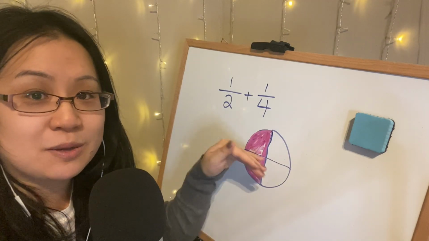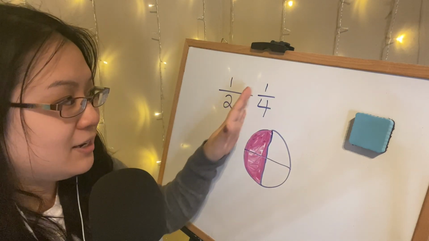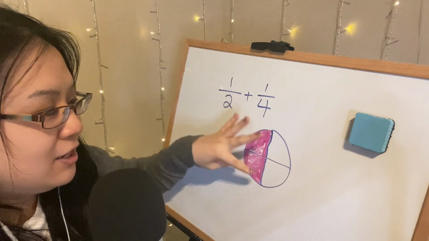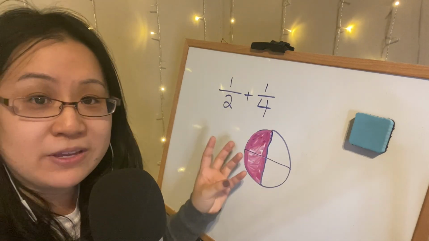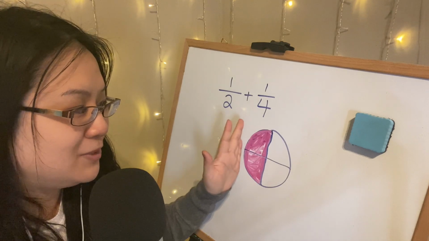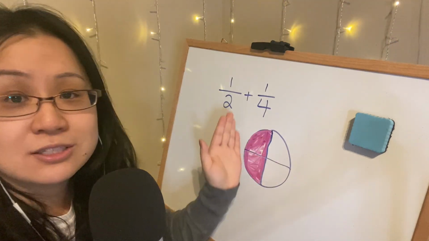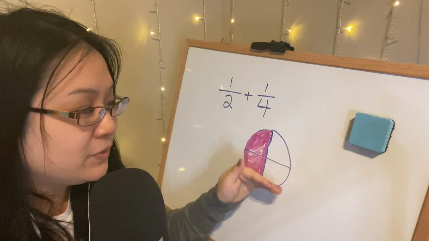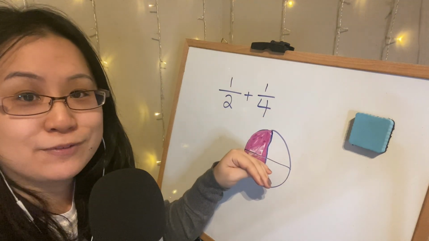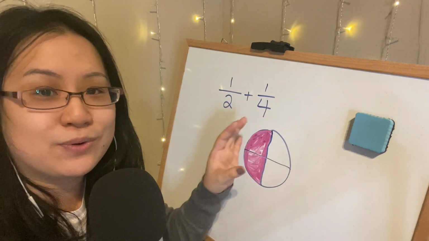You can cut this up however you like and add 1/4 on top of it. It's just that if you have overlap with the pink part, you'll have to remember that there's an overlap. So when you try and represent the sum, the total, you want to remember to move that piece off of it to represent the total area.